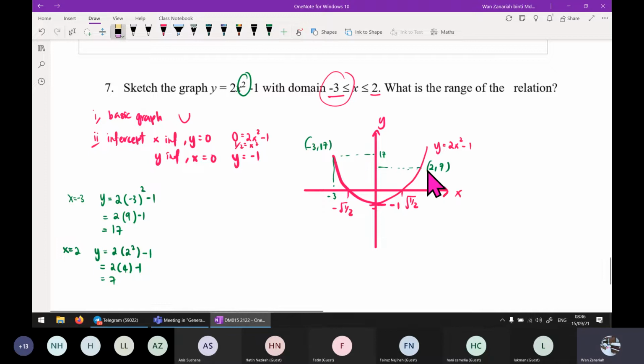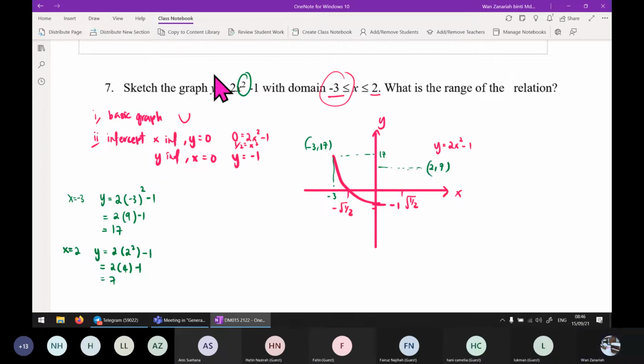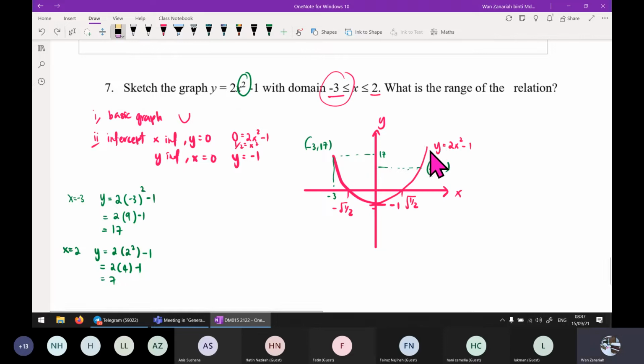So jadi you kena padam lah ni. Tak bolehlah panjang dia sama. Kalau tak nampaklah student tu dia tak lukis ikut domain yang diberi. So satu panjang, satu rendah. Nampak ke? Boleh ke? Nampak.